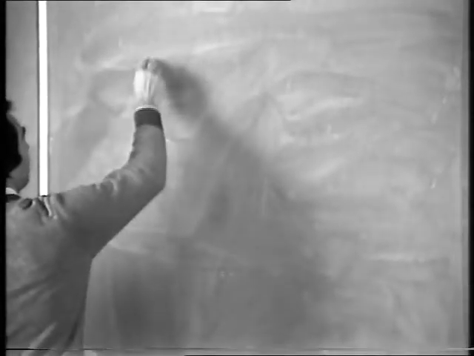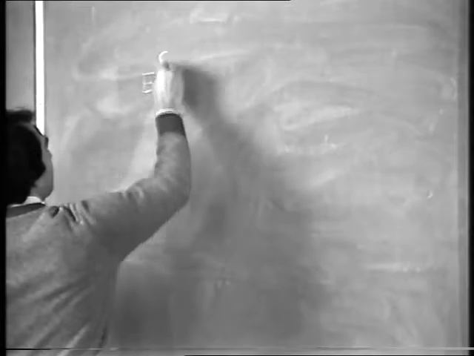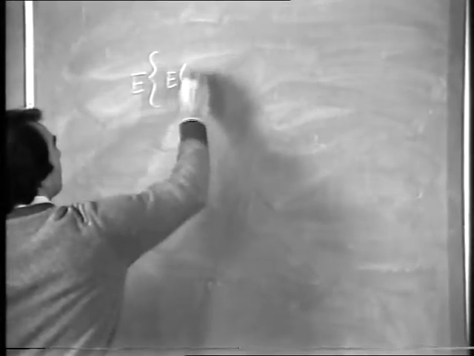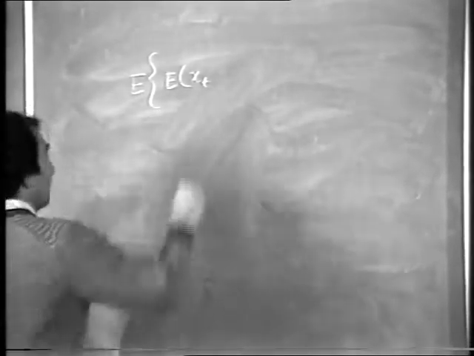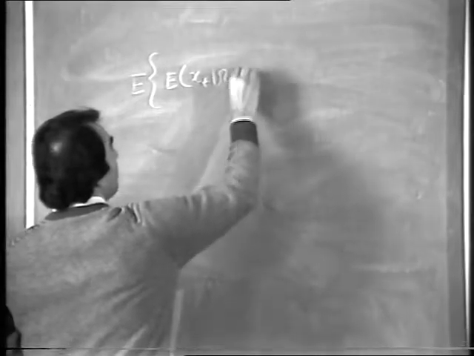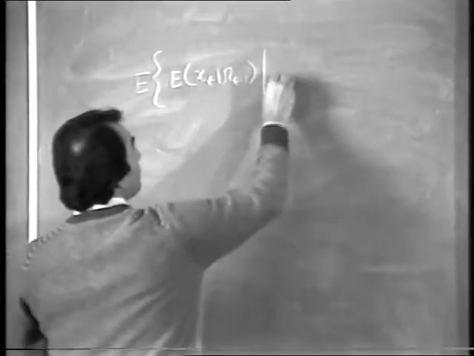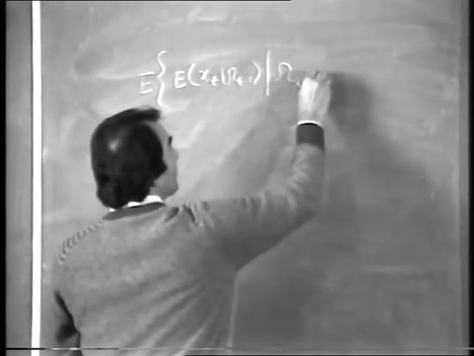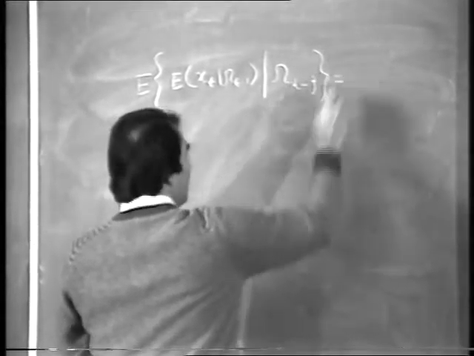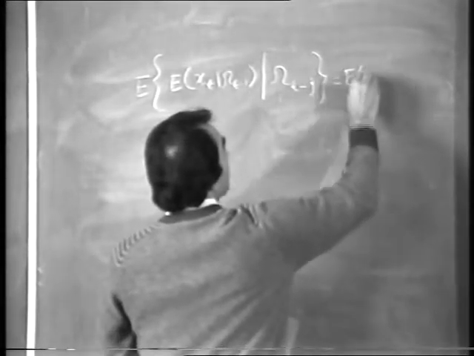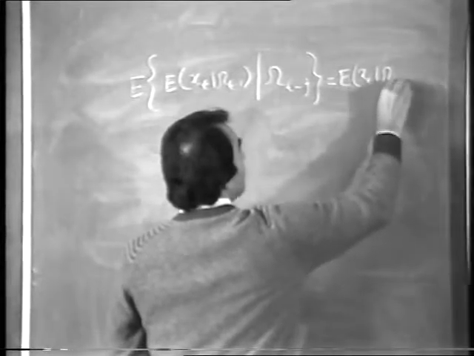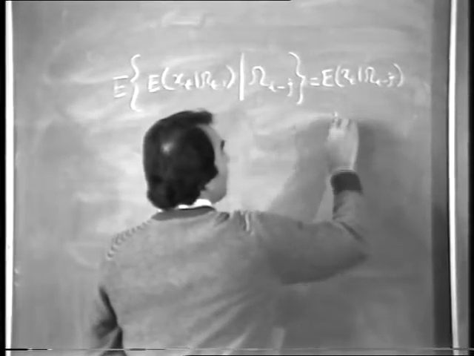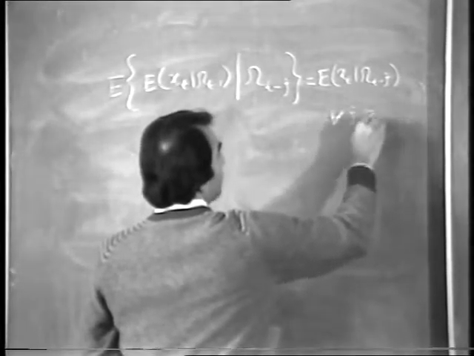The first one is essentially saying that the expectation of xt, conditional on omega t minus 1, and then conditioned on omega t minus j, is equal to the expected value of xt conditional on omega t minus j, for all j larger than or equal to 1.